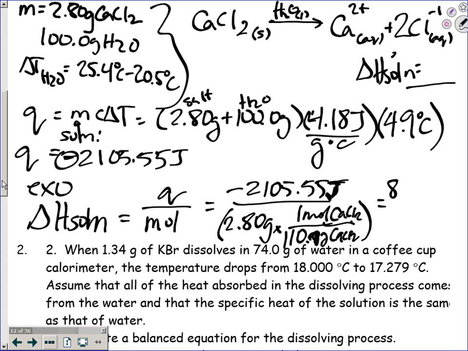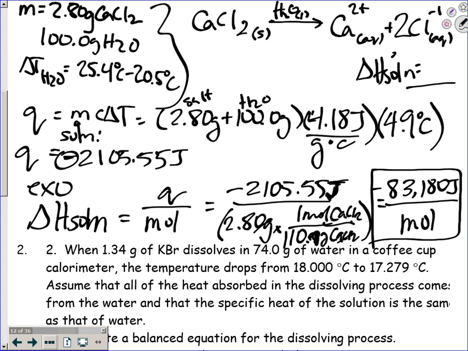So it's a little different, but we got about 83,000, right? Okay, negative 83. Okay, so that's our joules per 1 mole because I've quantified the grams to be equivalent to 1 mole. So this is the delta H of solution.